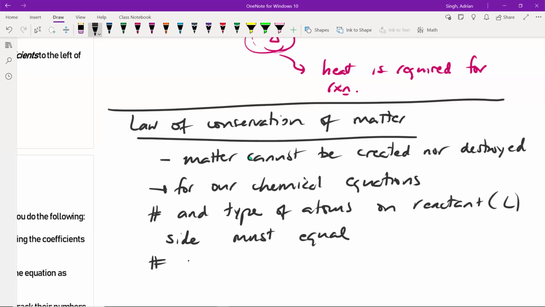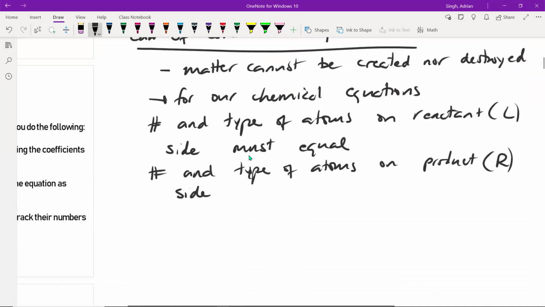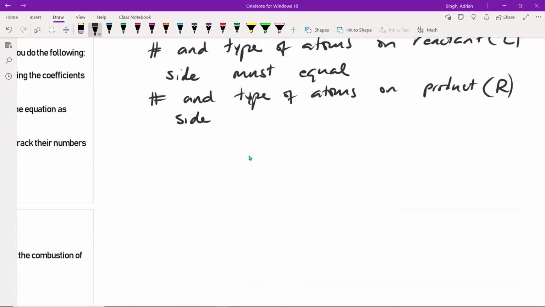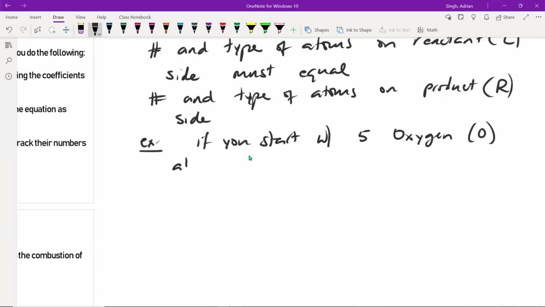the number and type of atoms on the product side. So for instance, as a general statement, if you start with, let's say, 5 oxygen atoms, guess what?